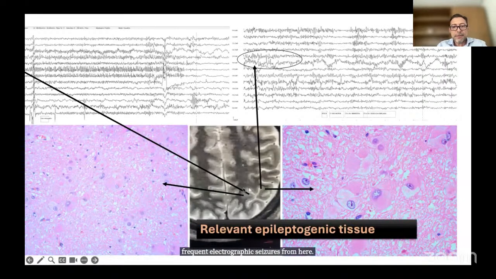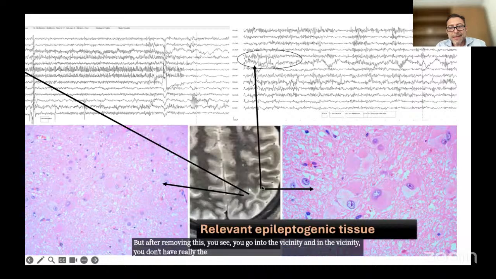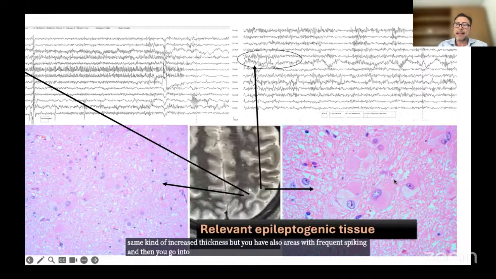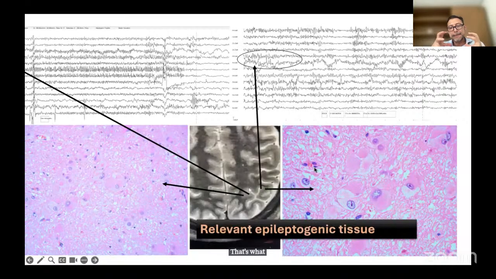But after removing this, you go into the vicinity, and in the vicinity, you don't really have the same kind of increased thickness, but you have also areas with frequent spiking, and then you go into that area in the pathology, and you still have balloon cells and dysplastic neurons. That's what I call the localization of the relevant epileptogenic tissue.